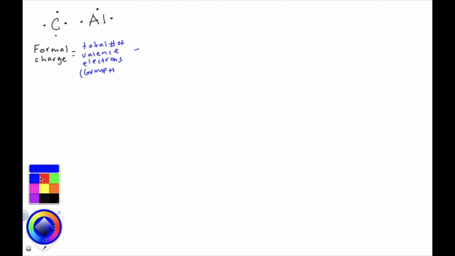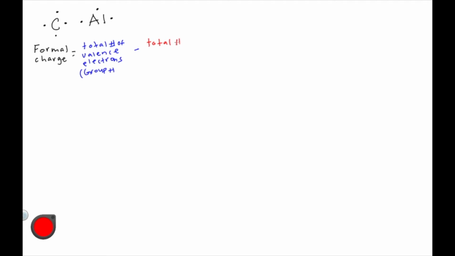Then we're going to subtract the total number of non-bonding electrons. So the total number of non-bonding electrons, and then we're going to subtract from that 1/2 of the total number of bonding electrons.